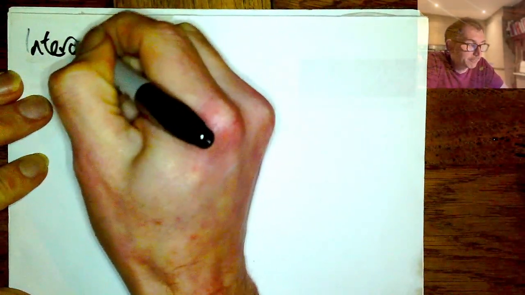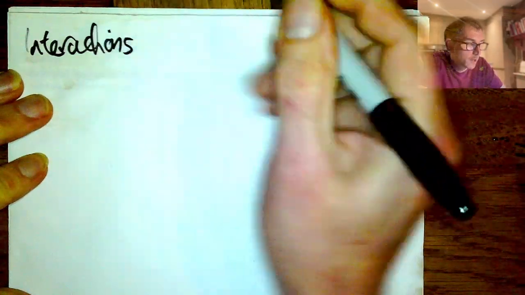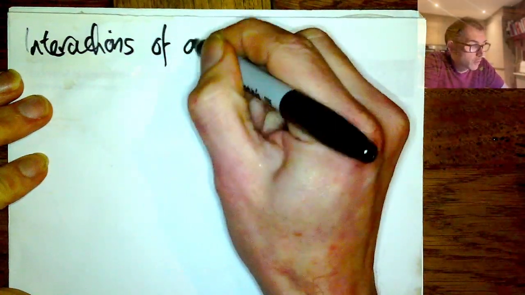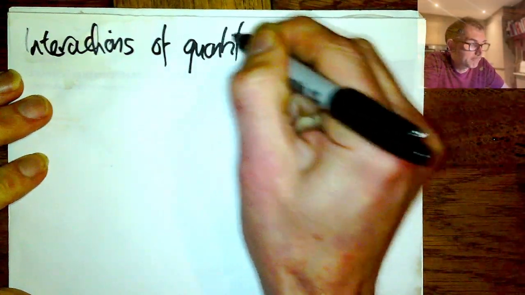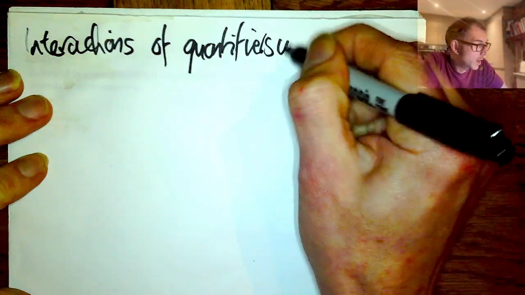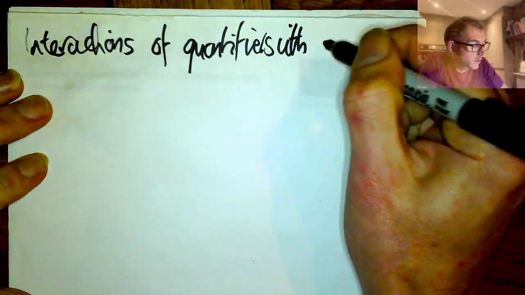We'll be able to describe some methods of proof. So proof by contradiction, for example. So this is going to be interactions of quantifiers with negation.